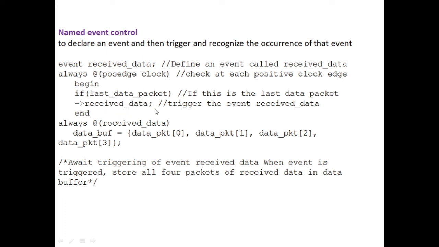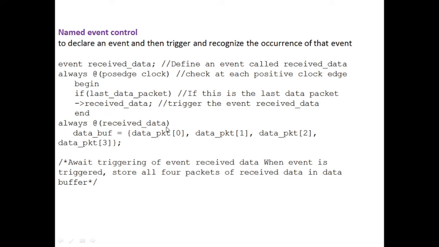As soon as this event gets triggered, always at the rate of received data, we recognize the occurrence of that event. Recognizing the occurrence of that event means it is the last data packet. Whenever I recognize it is the last data packet, the event is triggered.